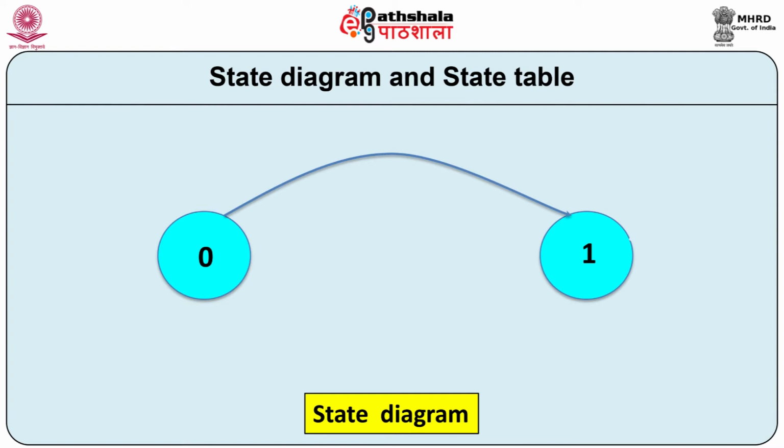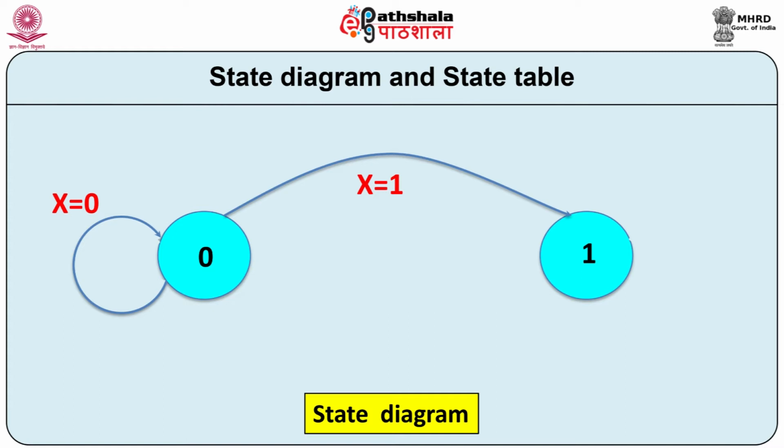It is possible to represent state and self transitions in the state diagram. When the circuit is in the state 0 and if input x is equal to 0, then the state remains in the state 0. This is known as self transition. If the input x becomes 1, then the circuit makes a transition from state 0 to state 1.